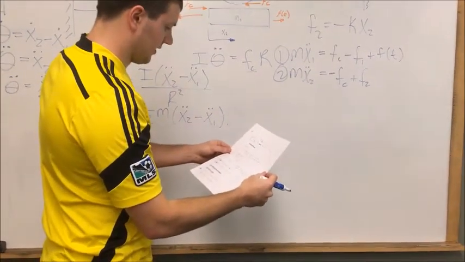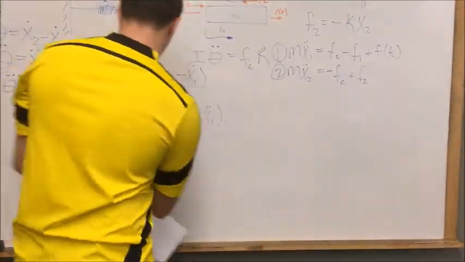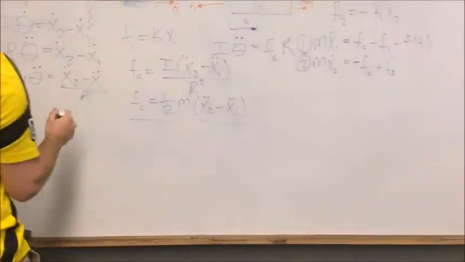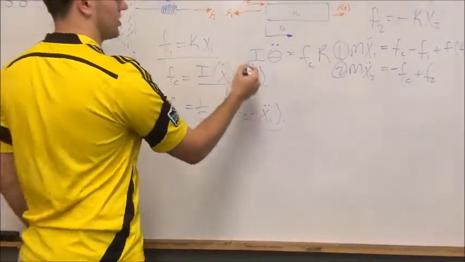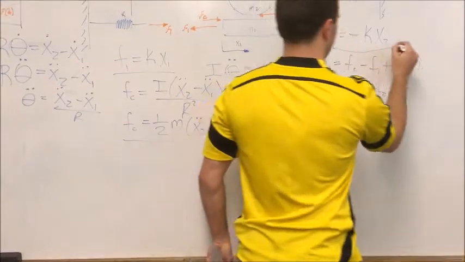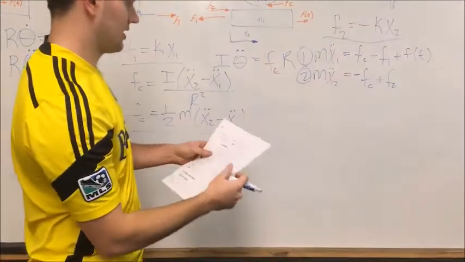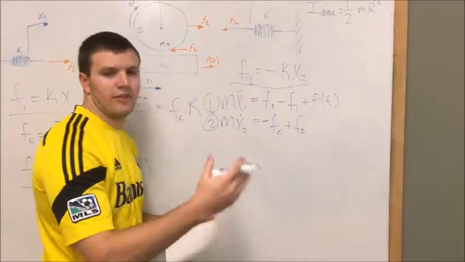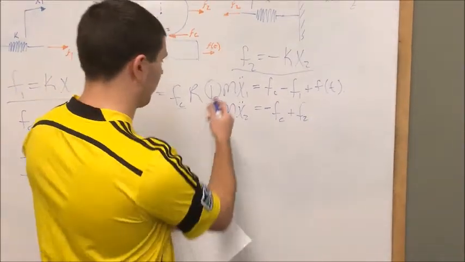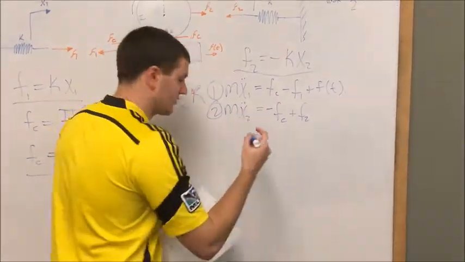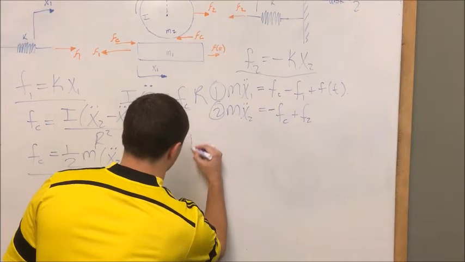Let's make sure I didn't miss anything. Yeah, we should be good. We're going to be using this expression and this one over here to plug back into those equations, and that should give us our answer. So after plugging everything in, this is what you get. The first equation is going to simplify to this form that I'm about to write right here.